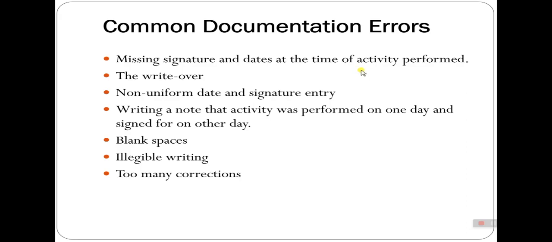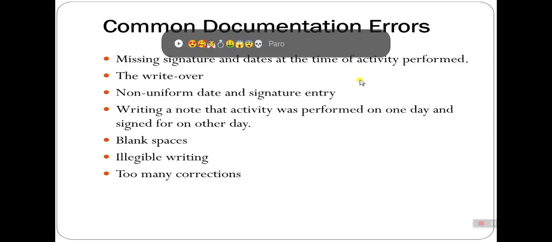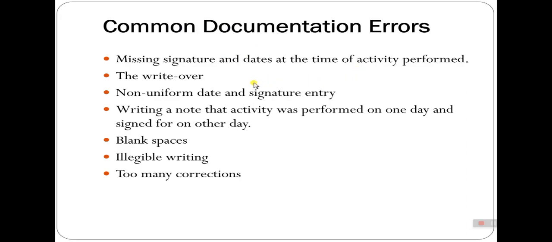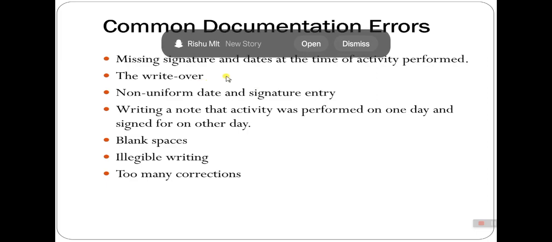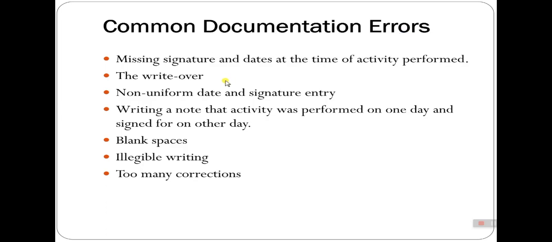And there can be overwriting, something written wrong or overwritten, which is an error in the documentation. And there can be non-uniform date and signature entries. If there is no uniform date on the record or signature entries are missing, it will be a documentation error, right?